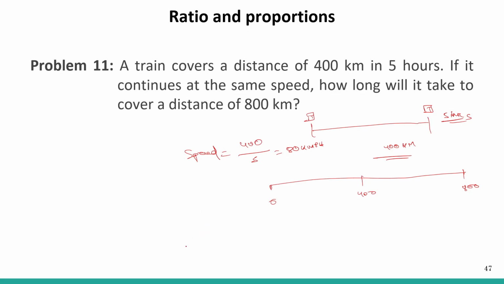We have the speed, 80 km per hour, and the distance, 800, but we don't know the time. So time is equal to 800 by 80, which is equal to 10. So 10 hours will be taken to cover 800 km at the same speed, 80 km per hour, that we just evaluated by dividing 400 by 5.